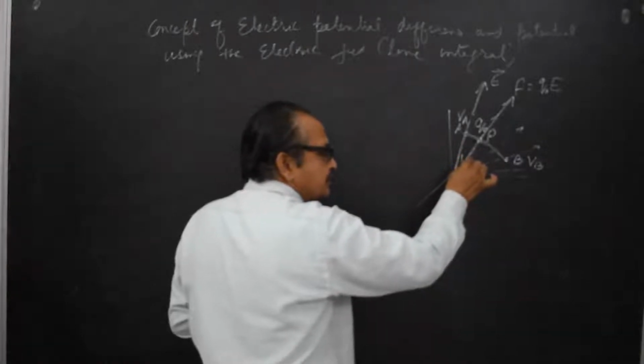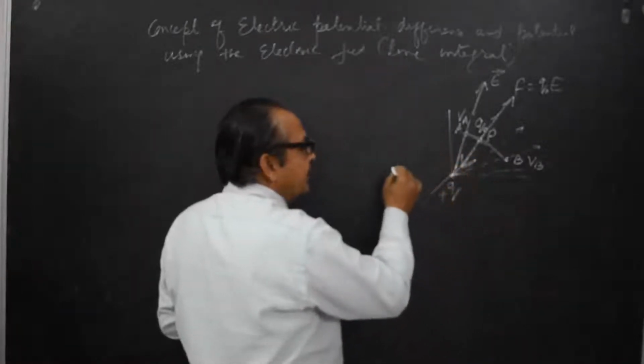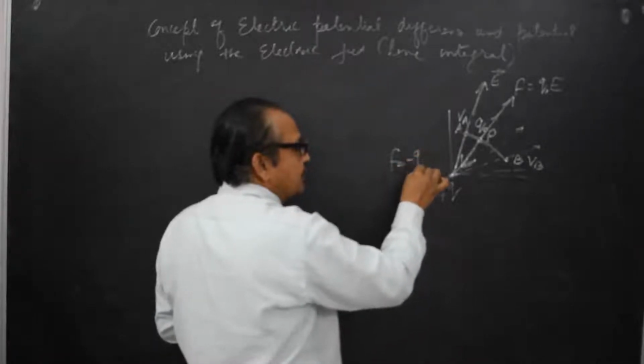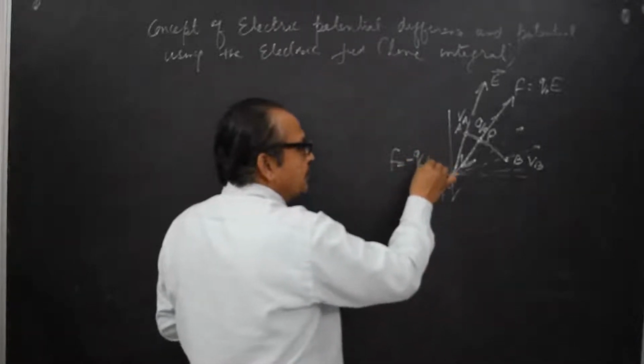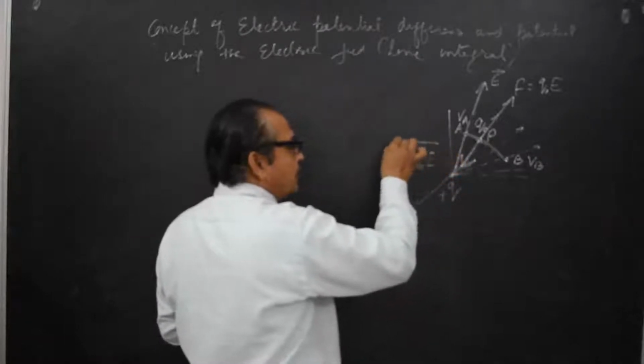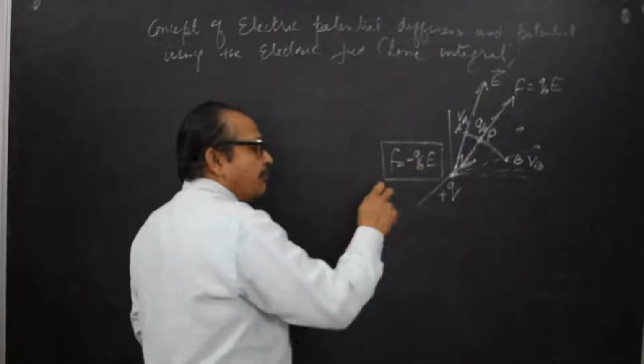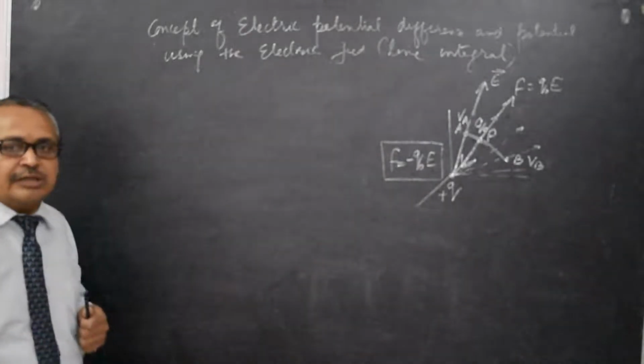It means यहाँ पे इस डायरेक्शन में एक फोर्स लगेगी, and according to Newton's third law of motion, you all know that the force will be minus Q naught E.